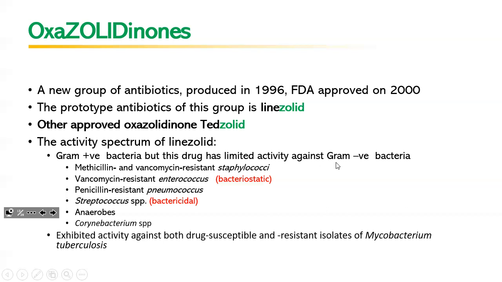Against Streptococcus species, it exerts bactericidal activity. It's known that linezolid is generally bacteriostatic, but it has some bactericidal activity against streptococci. It also covers anaerobes, but it's not a very reliable agent for treating anaerobic bacteria, and it also covers Corynebacterium, similar to clindamycin. But again, clinically we only rely on linezolid to treat gram-positive cocci.